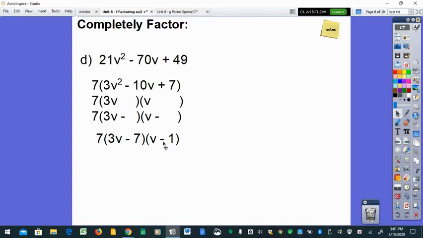And a negative times a negative would give me the positive 7. Now the second step is to multiply the 7 times the 3b squared, the 7 times the negative 10b, and the 7 times the 7, and you'll see you get back to here. So what's your final answer right here? That's the completely factored form of this quadratic trinomial.